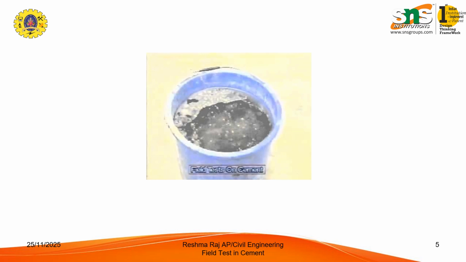We have to throw the cement from our hand into the bucket. What happens is the cement will first float on the water. After some time, the cement will fully sink into the water.